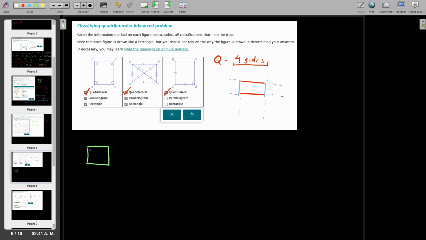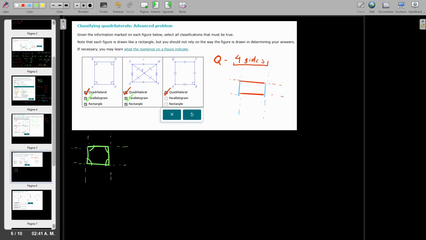Why? Because these four angles are of the same size, so they can't cross each other. They will be like this, okay? And we can see there are two pairs of sides that do not intersect each other. This one is also a parallelogram.